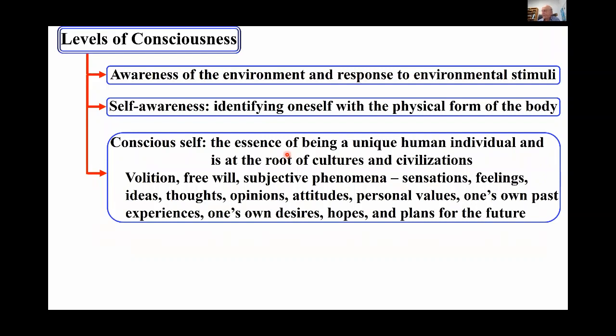It involves volition, that is making decisions, free will, choosing between alternatives, subjective phenomena such as sensations, feelings, ideas, thoughts, opinions, attitudes, personal values, one's own past experiences, one's own desires, hopes, and plans for the future.